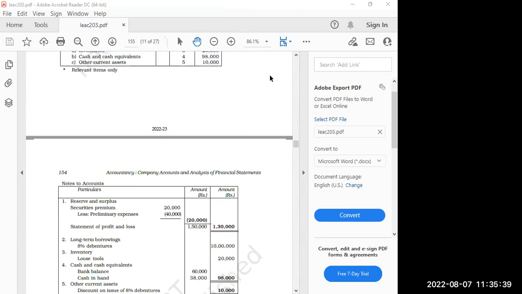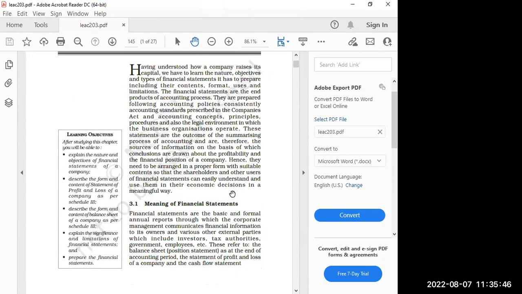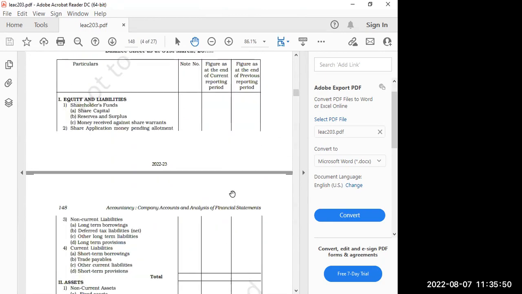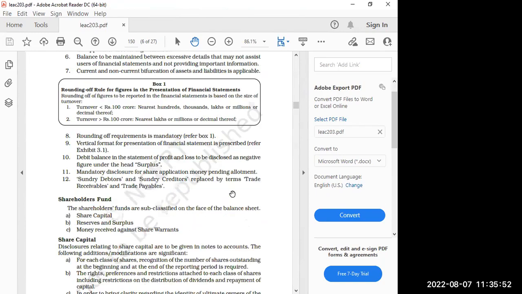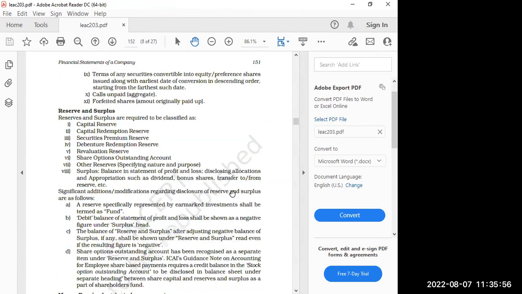One second, I'll take another question. I think this document does not contain another question. I'll take another document.